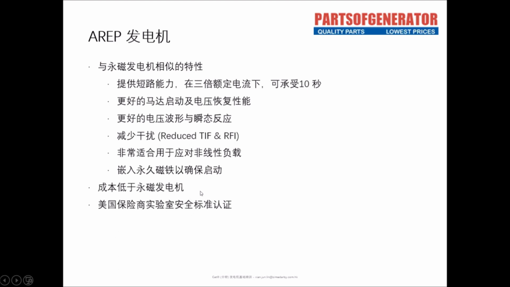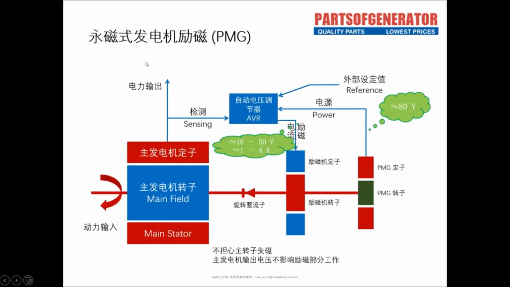The fifth one is that it is suitable for nonlinear loads. Of course, the amount of this nonlinear load cannot be very large. Another point is that a permanent magnet can be embedded. After the permanent magnet is embedded, the magnetization process is no longer needed.